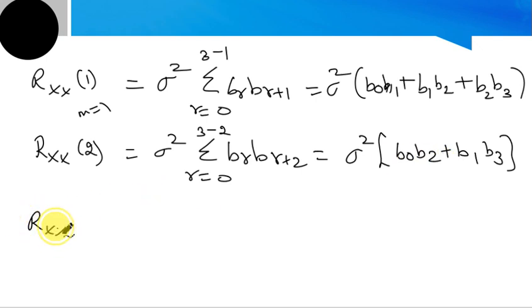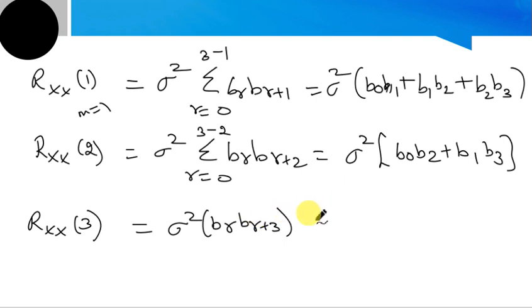Next, I need to find my Rxx of 3. This is going to be just one term, sigma squared br into br plus 3, which is nothing but sigma squared b naught b3, because this I have to find at the point r is 0.